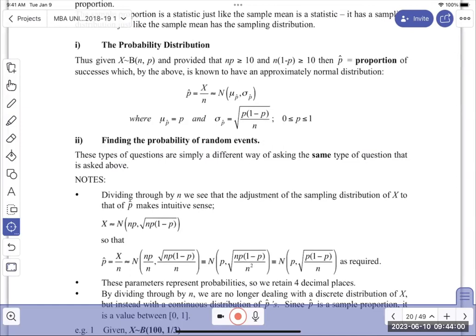However, it's just a foundation to talk about a statistic that is particularly of interest to us, and that is the proportion of successes, not the number of successes.